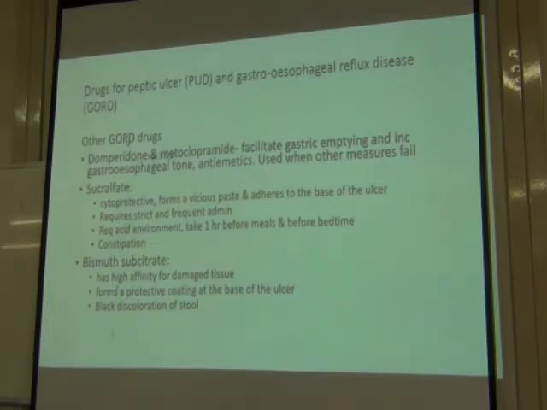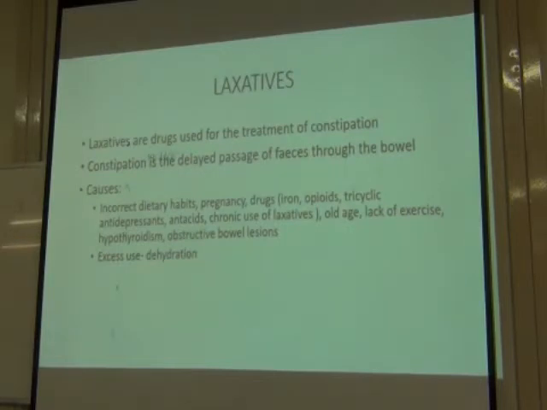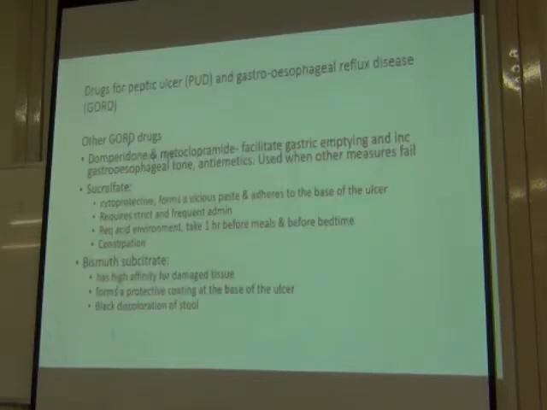They form a layer at the base of the ulcer to protect it from acid. So sucralfate and bismuth subcitrate fall under your cytoprotective drugs because they form a coating on the ulcer in the GIT. Do we get it?